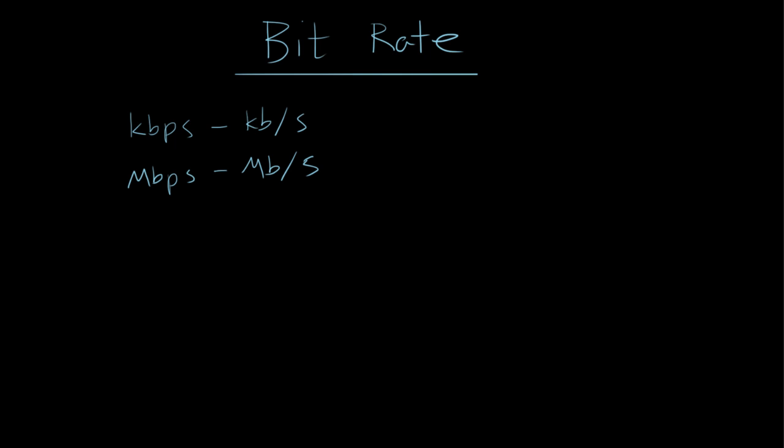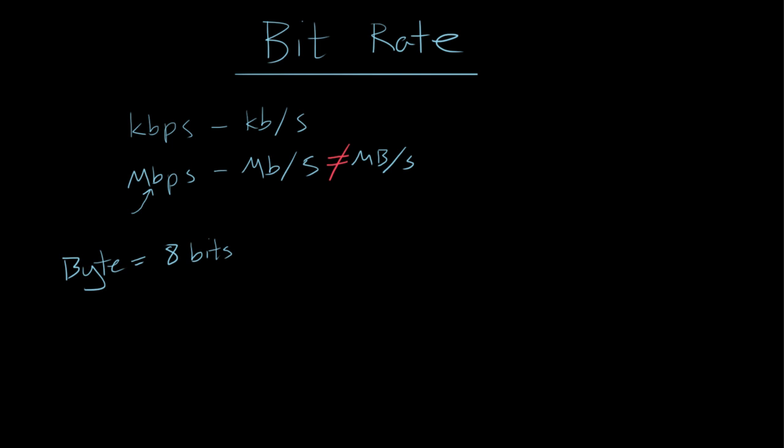And also when you're talking about bit rate, you want to make sure that you're talking about bits here, not bytes. 1 byte equals 8 bits. So if you see something like this, capital B per second, that is not equal to megabits per second. So if you have something in megabits, you have to divide it by 8 to get to the number of megabytes per second. And I'll show you why that's important in a minute.